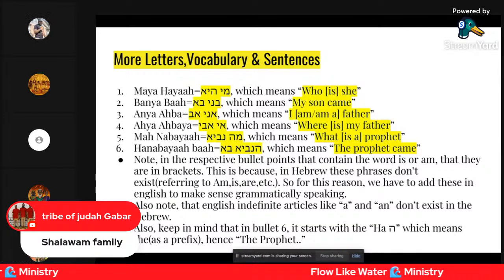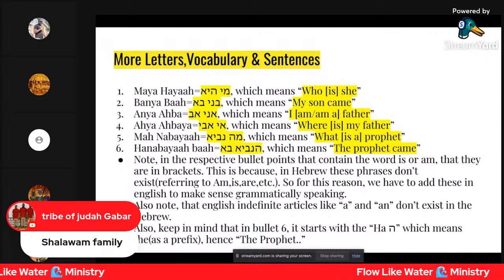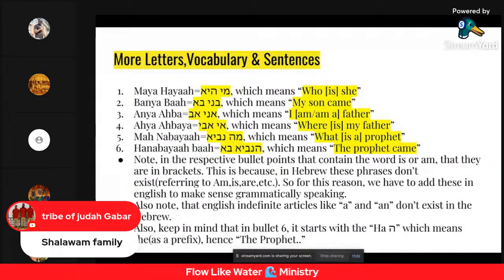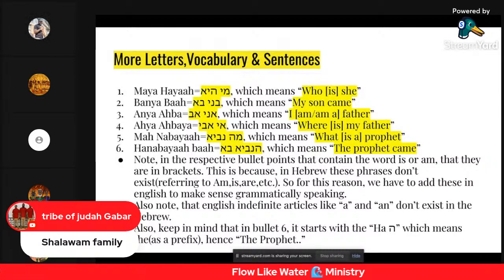Maya, Haya, which means who is, she. Banya, Ba, it's like it. Banya Ba, which means my son came. Anya, Abba, which means I am a father.